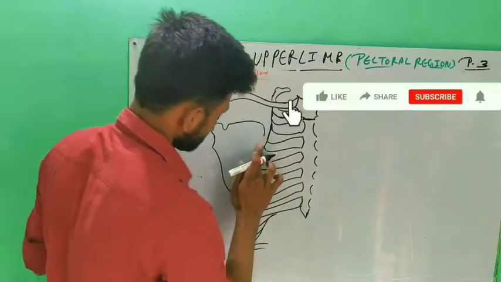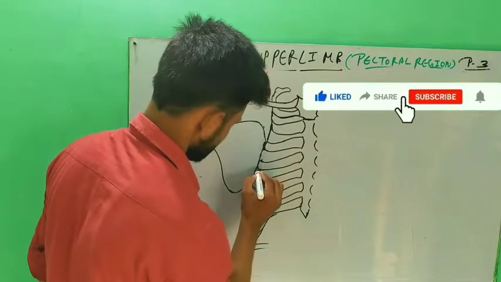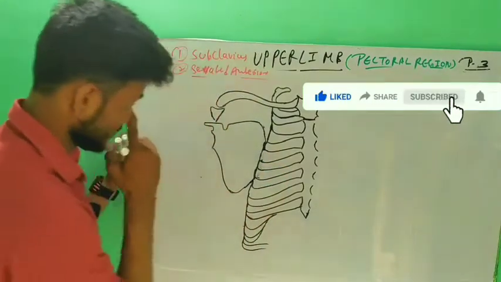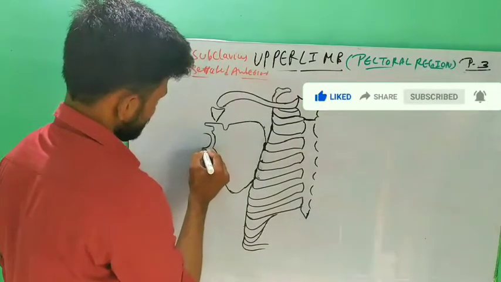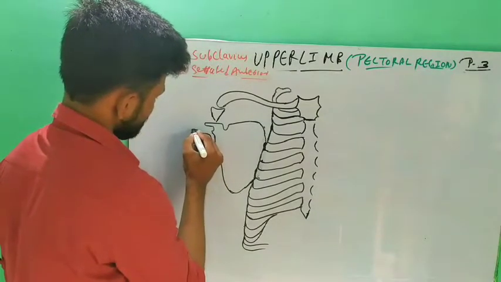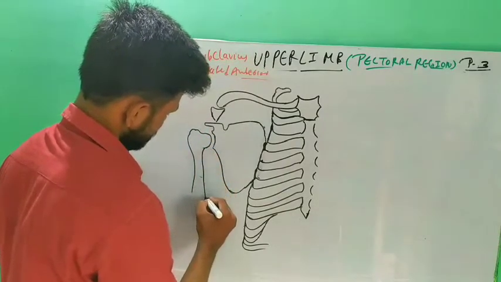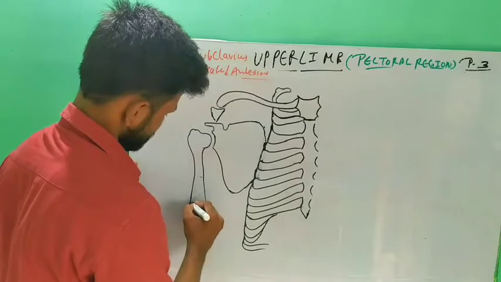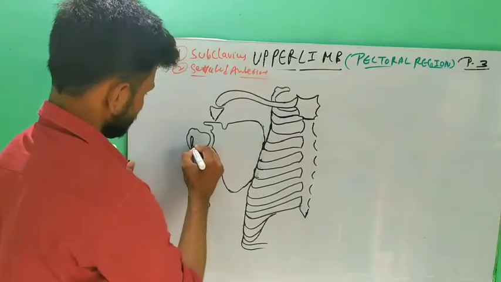This is the scapula. This is the greater tubercle.